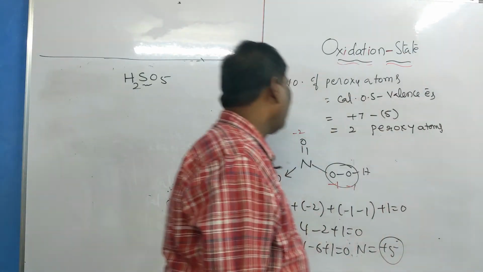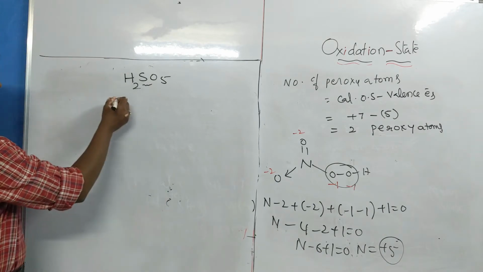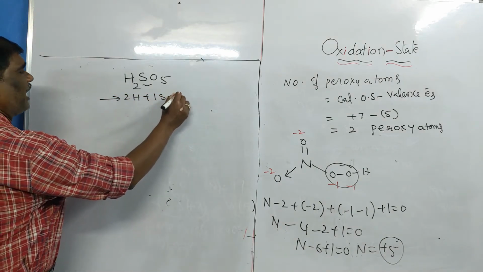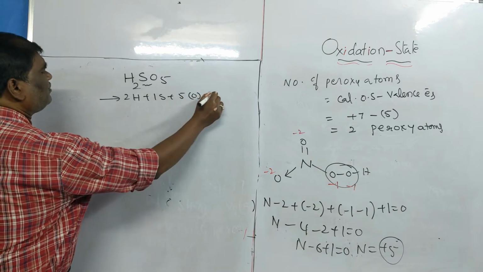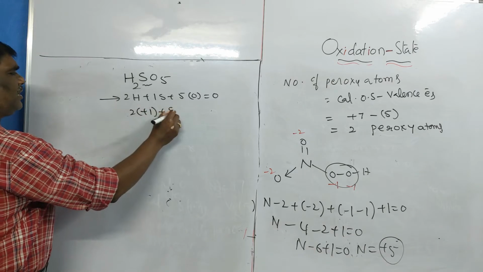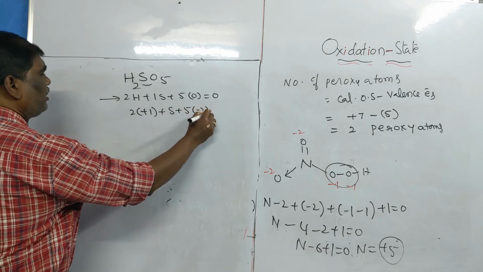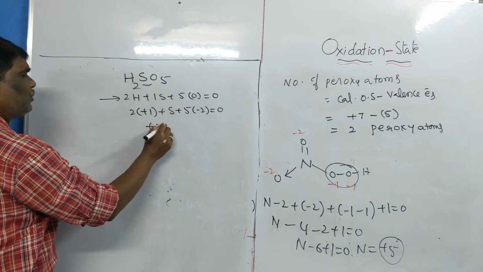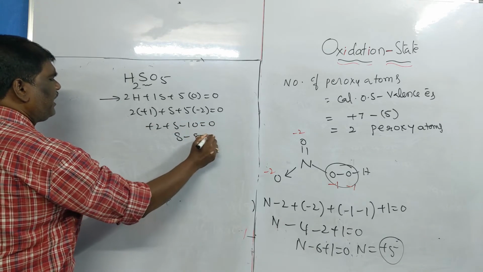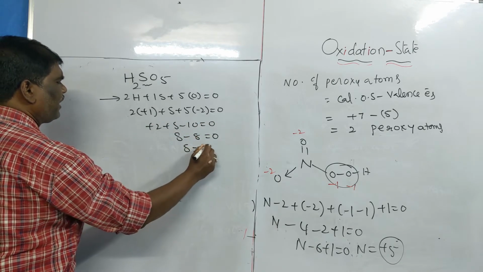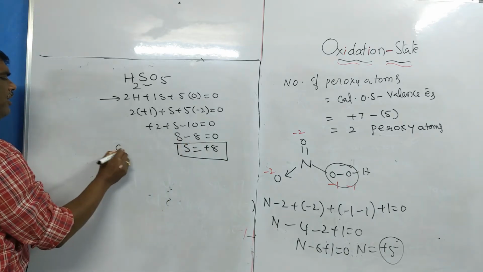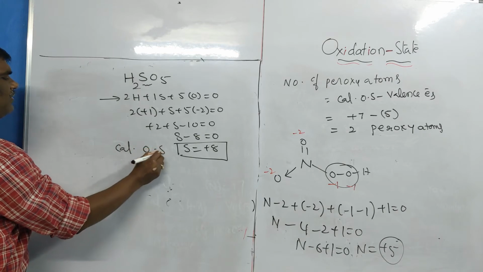Generally, for 2 hydrogens, 1 sulfur and 5 oxygens: 2 into +1 plus sulfur plus 5 into -2 equal to 0, so +2 plus sulfur minus 10 equal to 0, S minus 8 equal to 0, yes we are getting +8. This is the calculated oxidation state for sulfur.